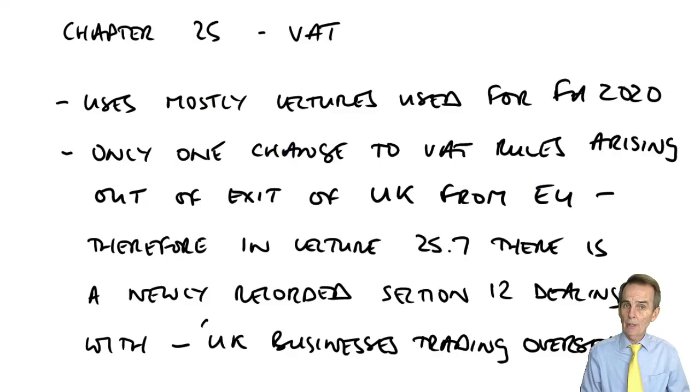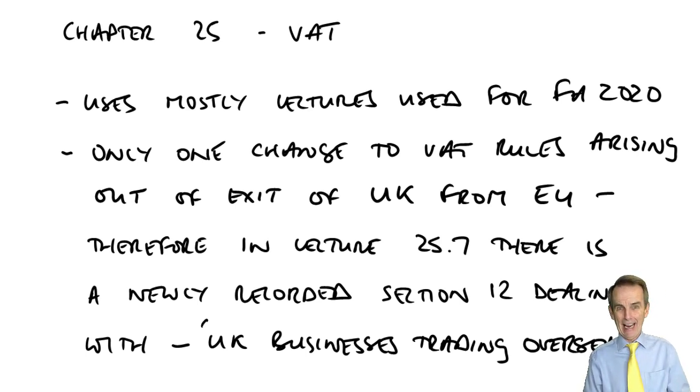Here in Chapter 25, we deal with value-added tax, or VAT, as we know it. And just as with Chapter 24 that dealt with inheritance tax, we have one chapter that deals with the entirety of that particular tax. Clearly, therefore, we're in for another long chapter with several lectures involved.